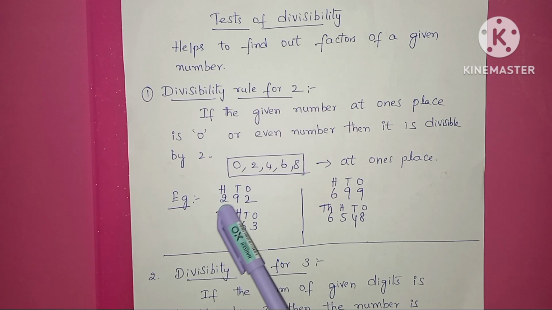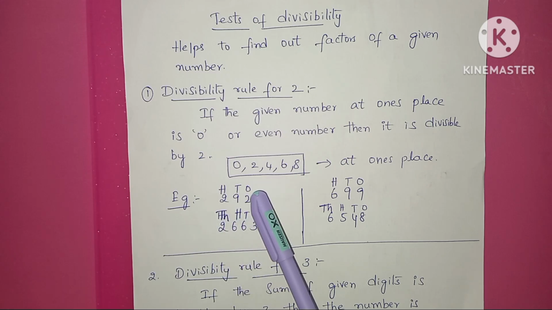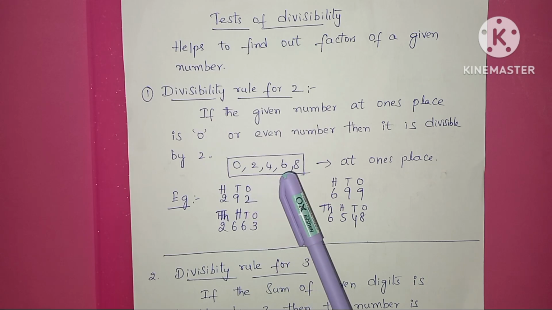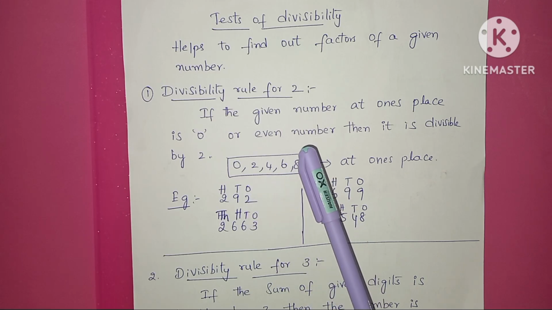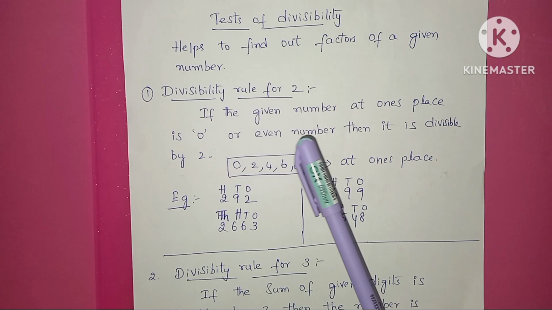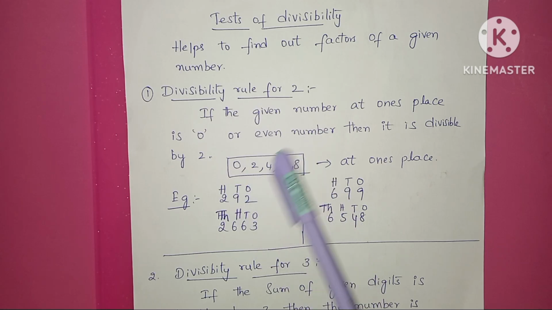A 4 digit number has ones place, tens place, hundreds place and thousands place, and so on. If it is a big number like this, to find whether it is divisible by 2, we should know a rule.